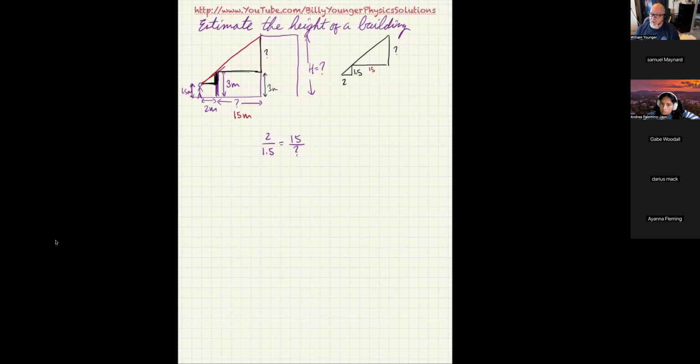That's the ratio of the similar sides. So the 2 side is similar to the 15 and the 1.5 is similar to the height part of the triangle. So we can use this proportion to solve for question mark.